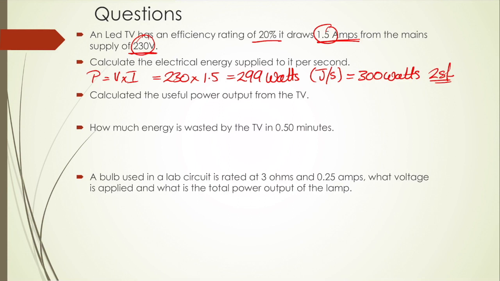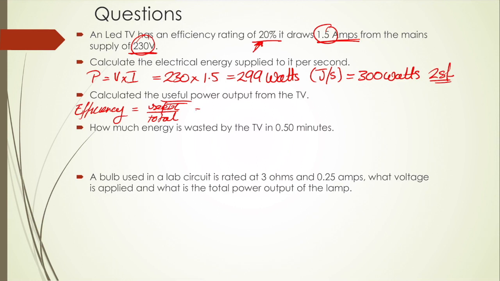Calculate the useful power output of the TV. Useful. It's 20% of the total. 20% as a fraction is 0.2. Let's write the efficiency equation though. Efficiency equals useful over the total.